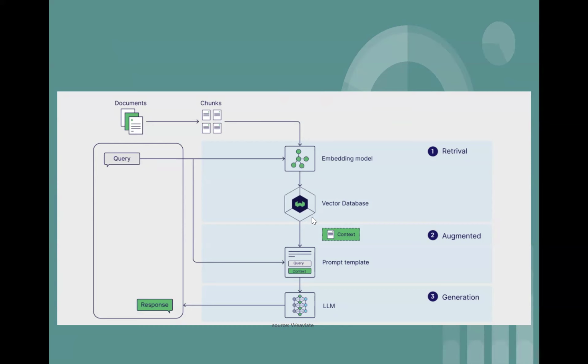You get the relevant results, add those results from your private or organizational information, put it in the prompt and send it to the LLM. The LLM will refer to the query and the context, which is the data that you have retrieved, and will try to answer that. So that's the typical retrieval augmented generation, the RAG application that we talked about. Now in this, there is only just one LLM.